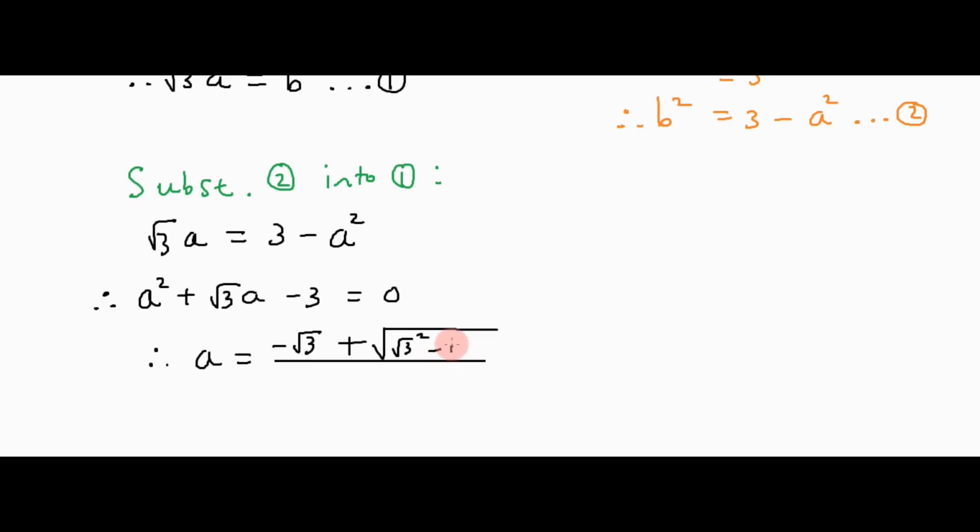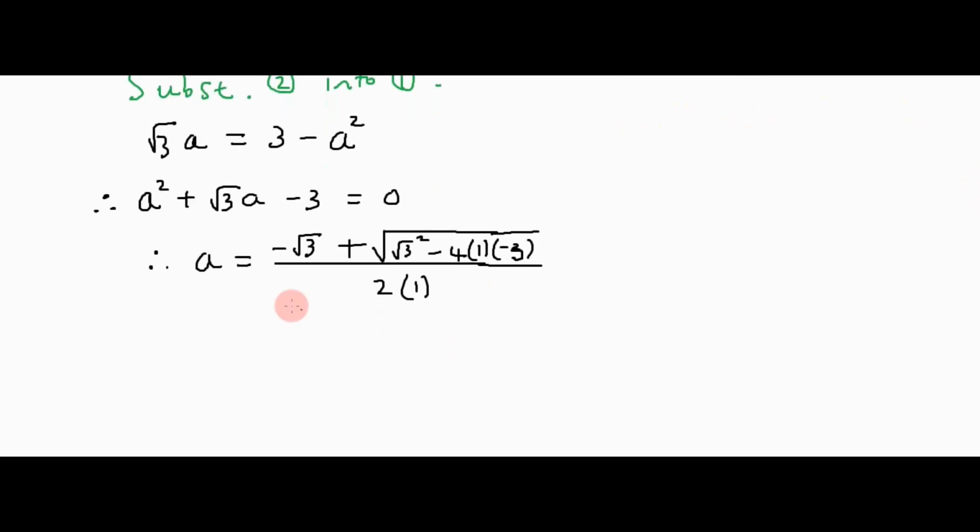squared minus 4 times 1 times negative 3. And this is all over 2 times 1. This is using the quadratic formula.